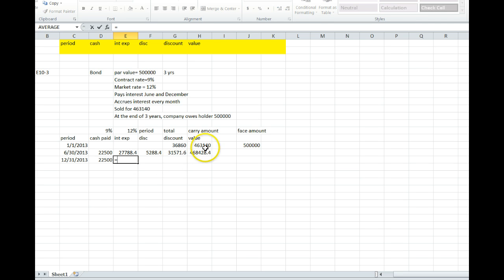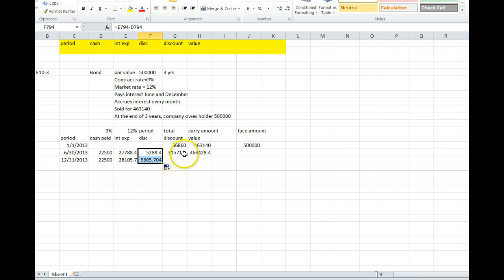It's our carrying amount, 468, times 12% times half a year, and it looks like $28,105.